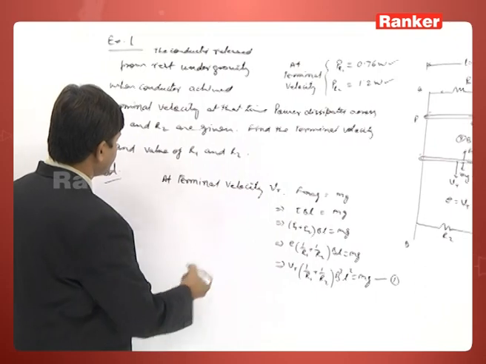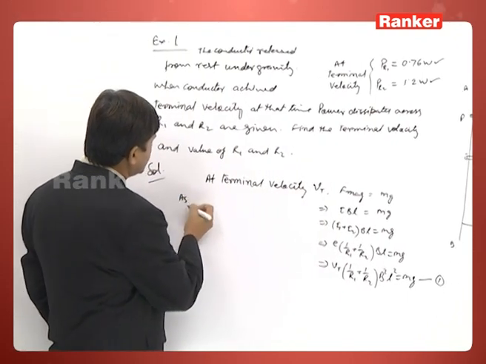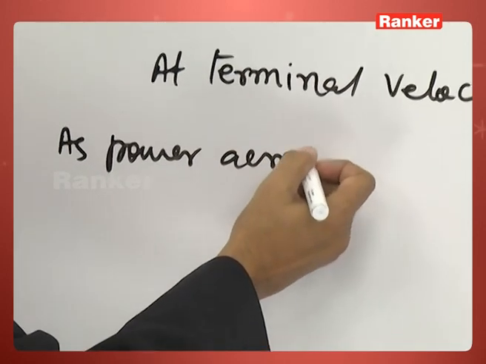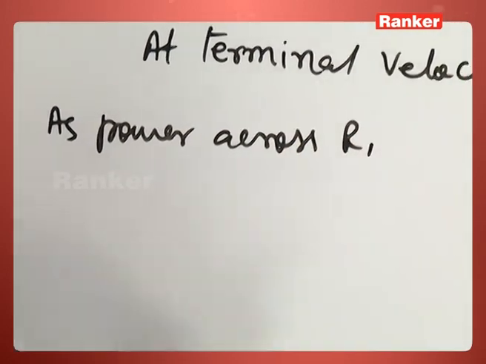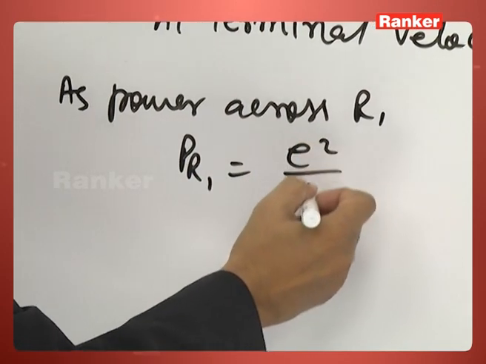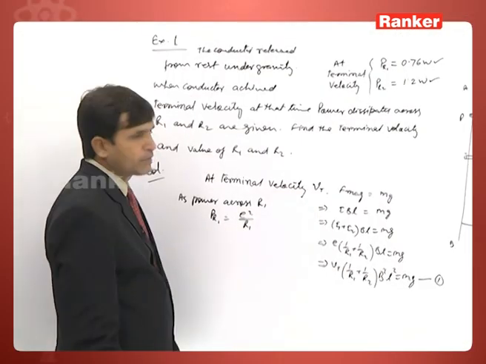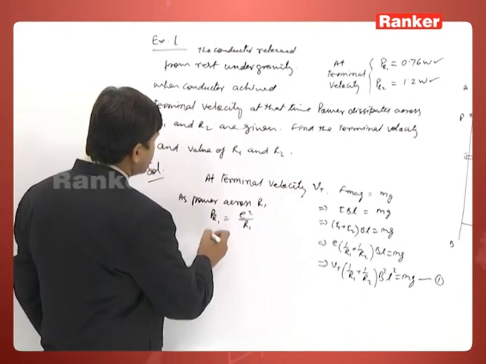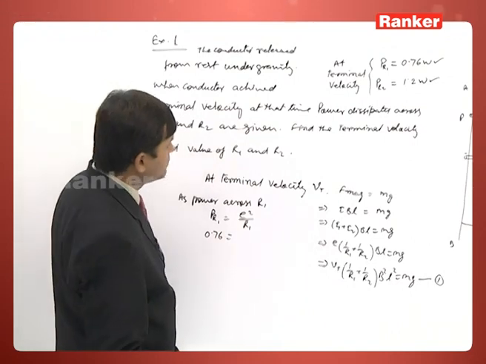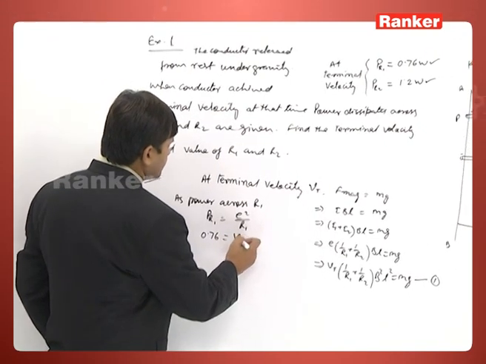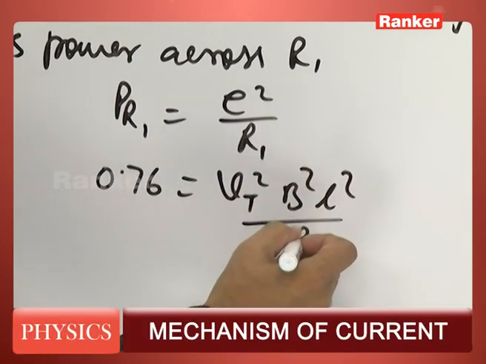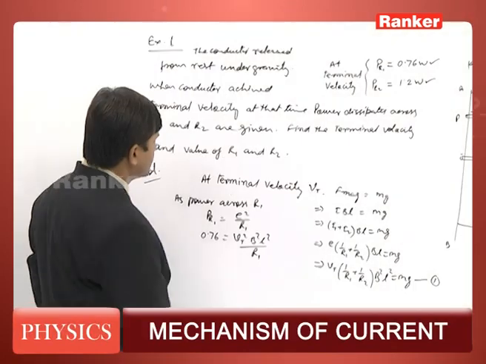So see, power across R1, P R1, is written as E squared by R1. That is given here as 0.76, and E is Vt B L. So it is Vt squared B squared L squared by R1. This is the second equation.